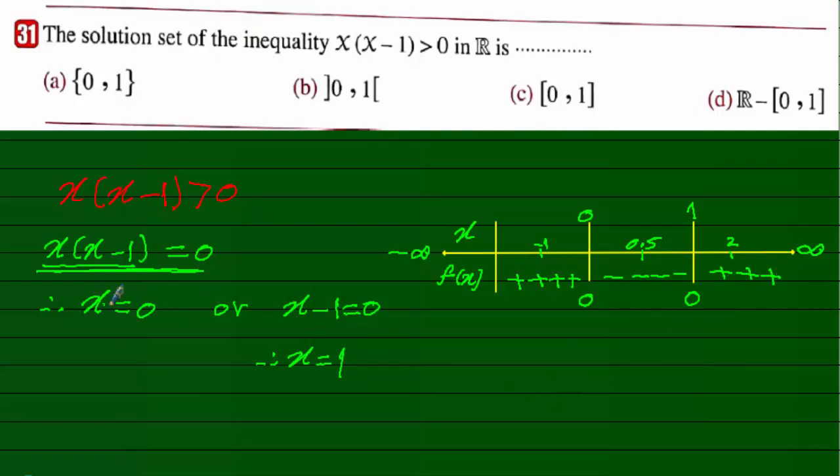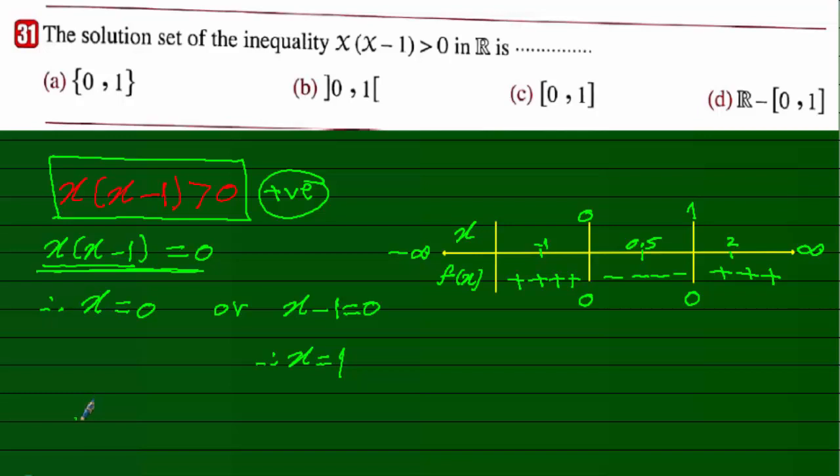Okay. The required here is to find the solution set of this inequality. x multiply x minus 1 greater than 0 means positive. So f of x is positive in two intervals.